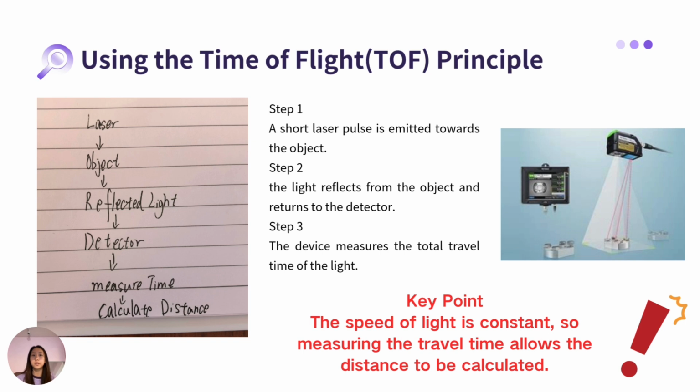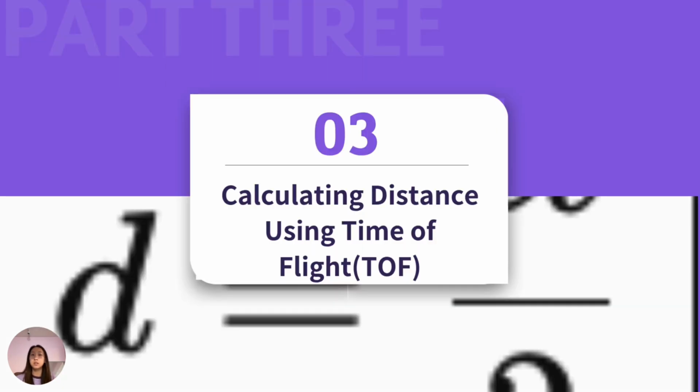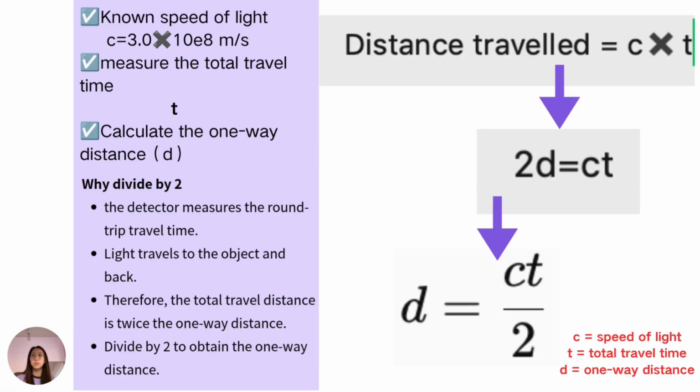Next we will move on to the formula. The formula is a little bit difficult, but first we need to understand one important idea. Most people ask why we need to divide by 2 in this formula. The reason is that the detector measures the round-trip travel time: the light goes from here to hit the object, and then comes back.